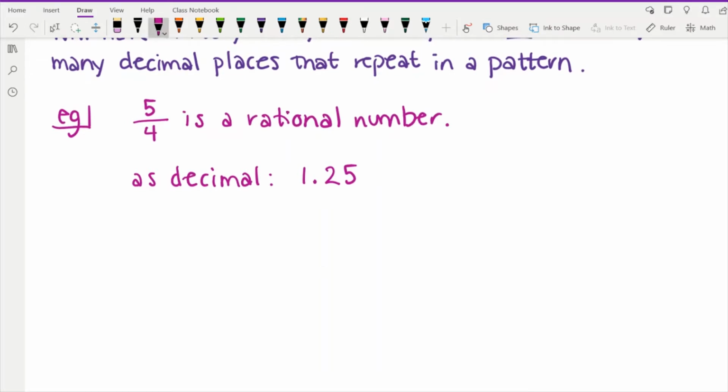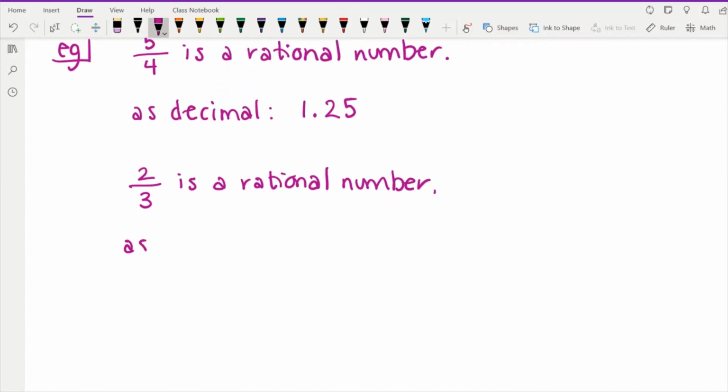So just to give an example of one that is a little different, another example of a rational number would be 2/3. So what makes 2/3 a little bit different is that if you write it as a decimal, if you type it into your calculator, 2/3, it's going to tell you 0.6666666, and it just keeps going.